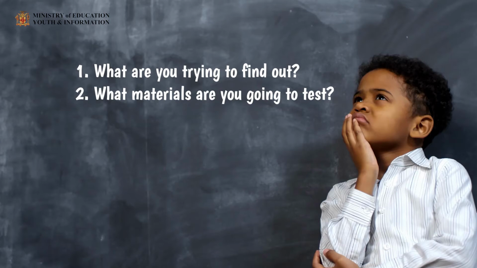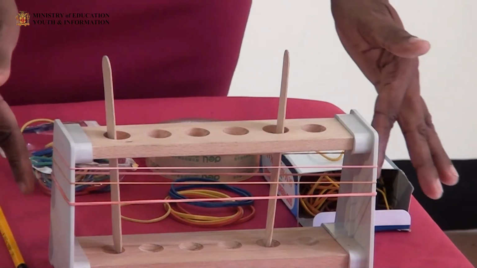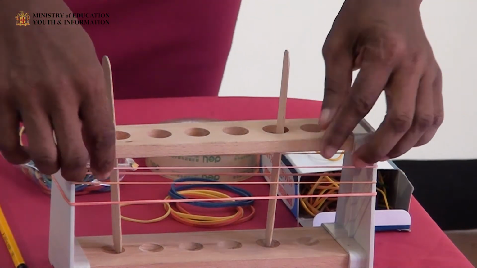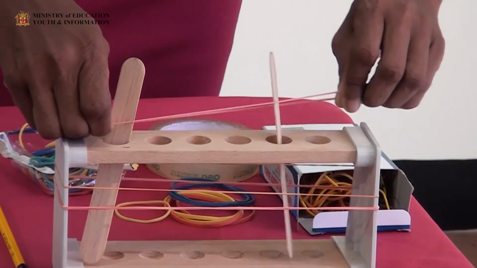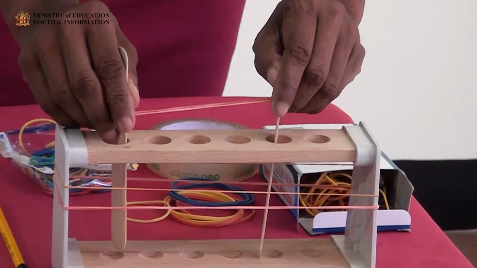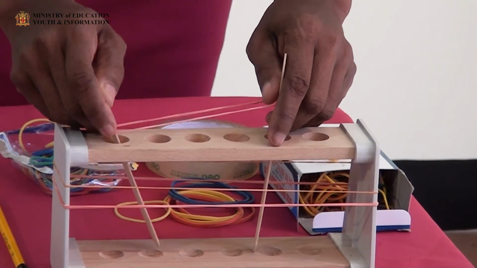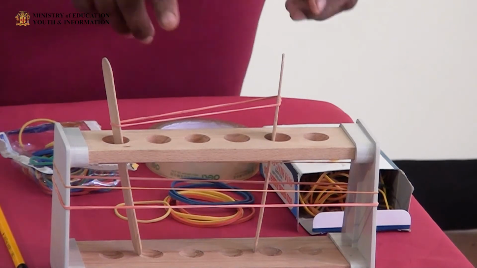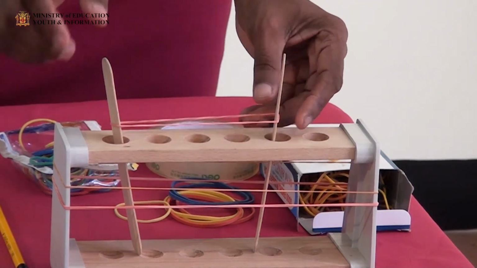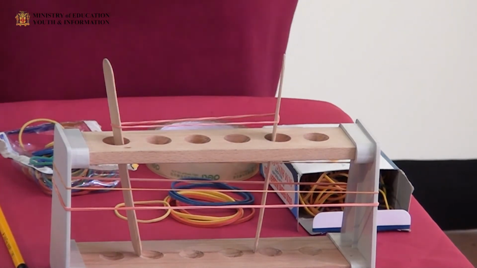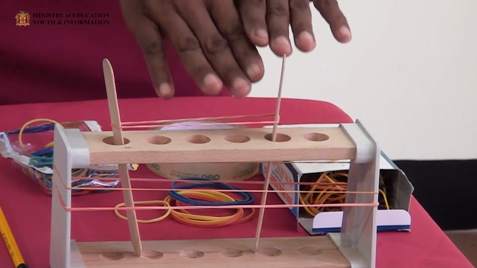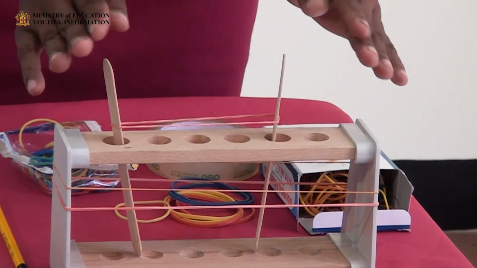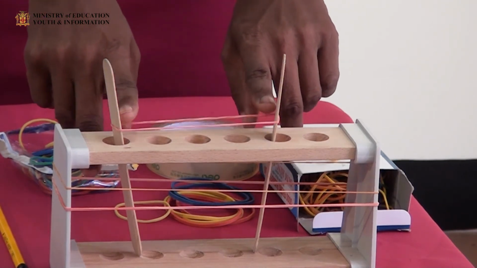Our next question then is, what will you measure? So we have to find a way to either measure the length of our elastic bands, because remember, we could change how far we stretch it, right? And see how that affected the pitch. Okay, this is my little apparatus here. You can get something that is more sturdy. So if I change the length, then I would have to ensure that I measure that length.